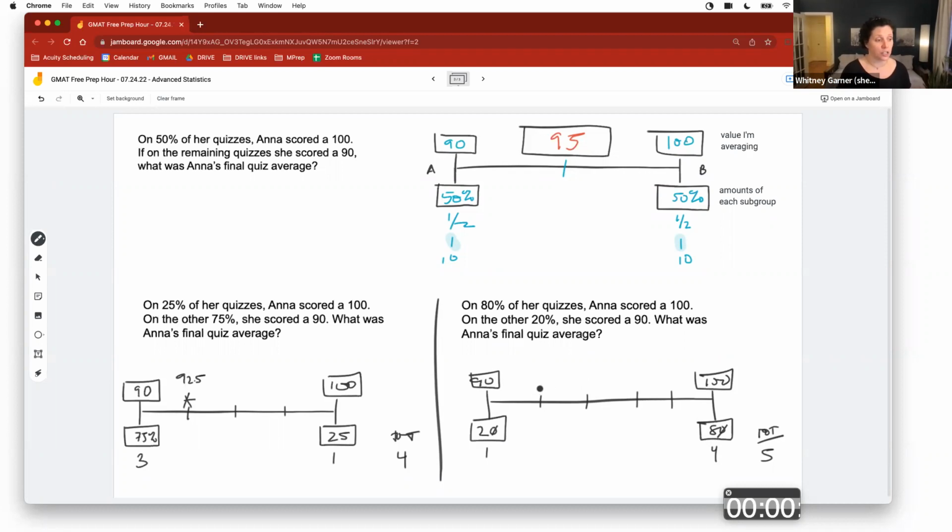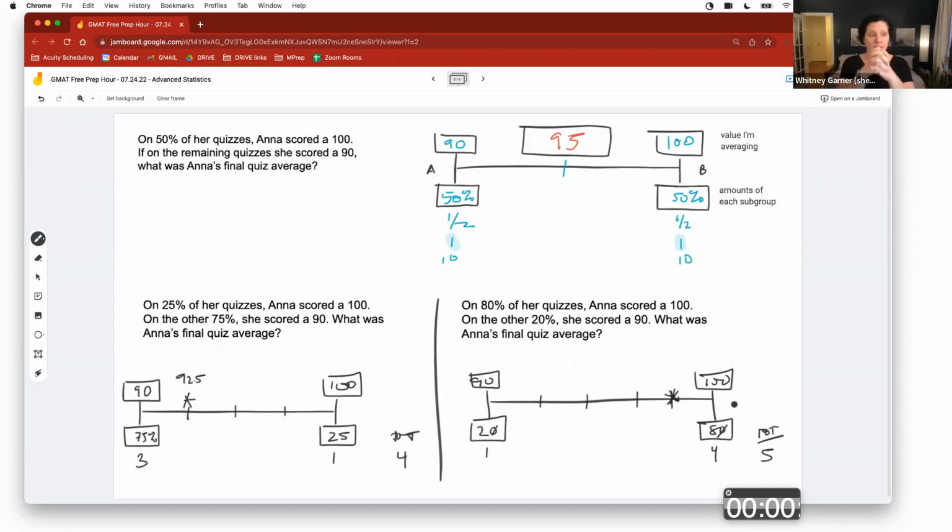So this would be like 92, 94, 96, 98, and so on. I know that the answer has to be 4 times closer to 100, which means 1, 2, 3, 4 times closer to 100 than this distance towards 90.